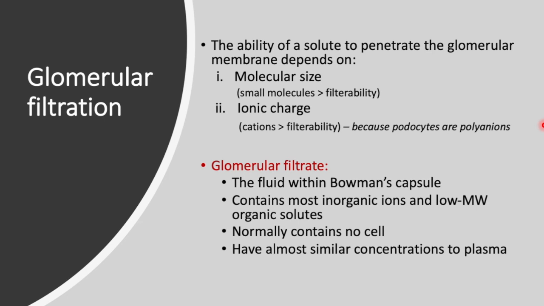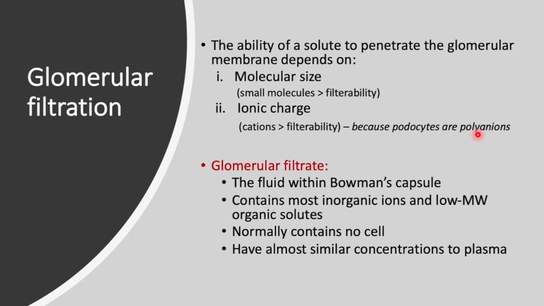However, this does not normally occur because another factor that determines the ability of a solute to penetrate is the ionic charge. Cations, which are positively charged molecules, have higher filterability, or are easier to be filtered, as opposed to anions. This is because podocytes are polyanions, which are negatively charged.